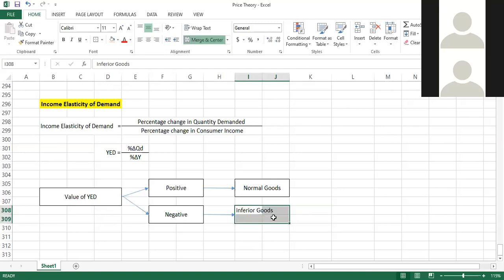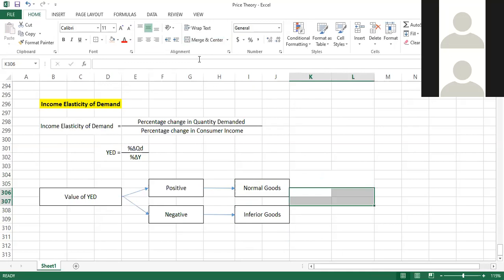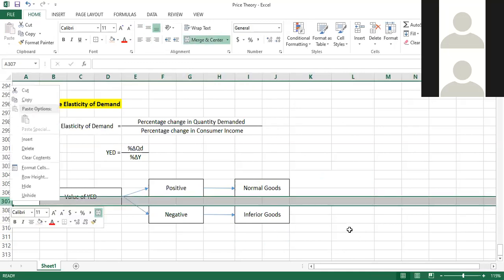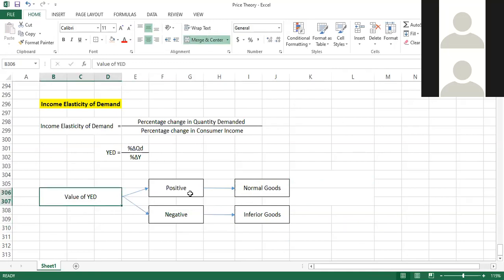That is what we call normal goods. We can categorize them into two categories. The value of income elasticity of demand will be positive and high sometimes, and sometimes it is positive and low. It is positive for any normal goods.